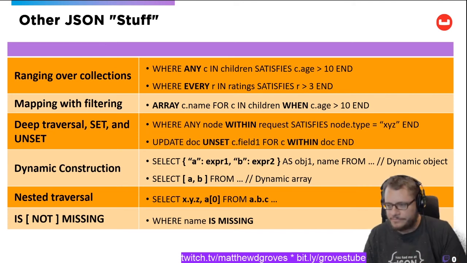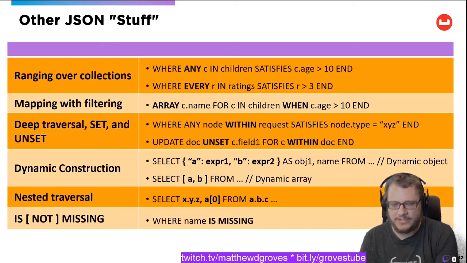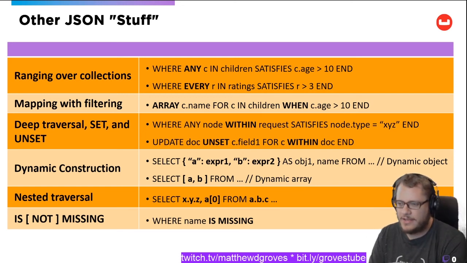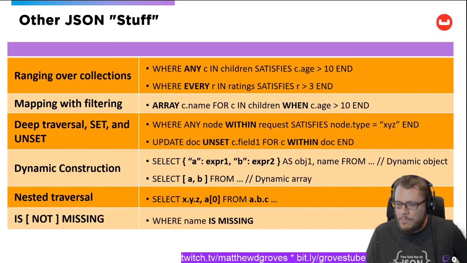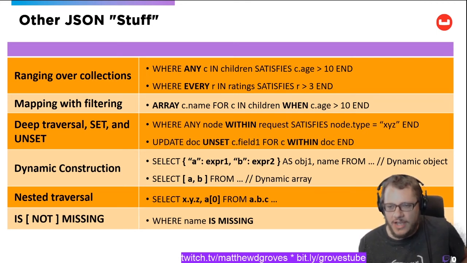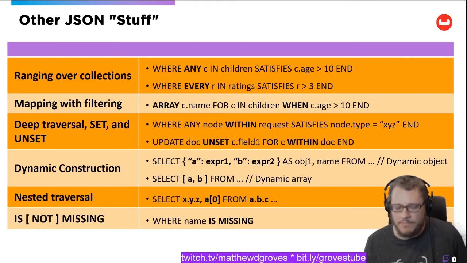And then missing. Earlier I showed you that example where one document had a billing array and one document had billing data at the root of the JSON. If one document has fields that the other documents do not have, we can use the missing keyword to search for those.